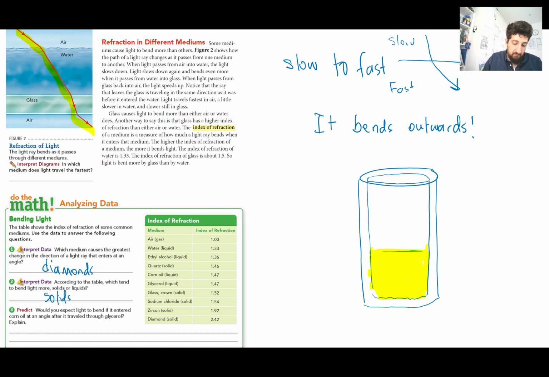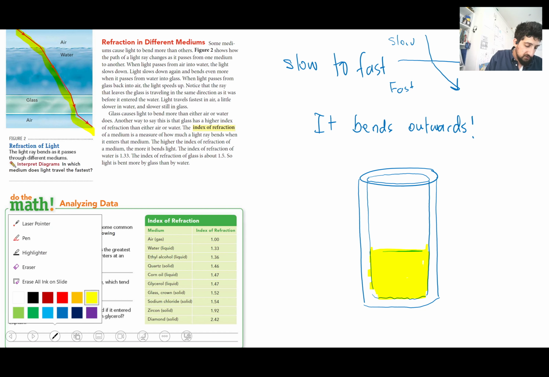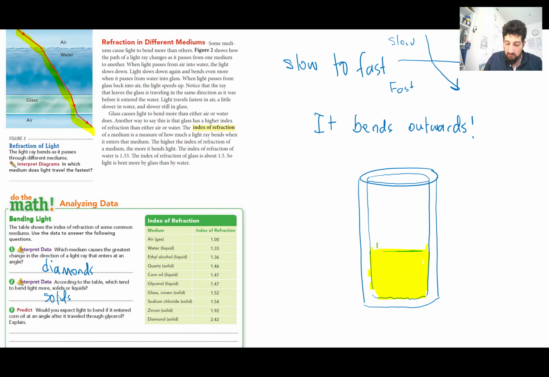Now we've also got glycerol, and glycerol is over here. So we have corn oil and we've got glycerol, and they are on top of each other. Now you can safely assume that the glycerol has a lower density, which is why it's on top of the corn oil. Let's have a look.